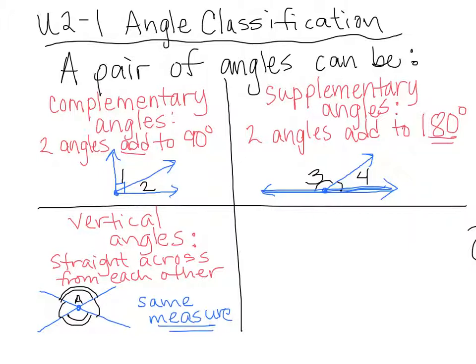And finally, we have what are called adjacent angles. Now that word adjacent just means next to. Okay, so if you have 2 angles that are just next to each other, okay, they are adjacent.